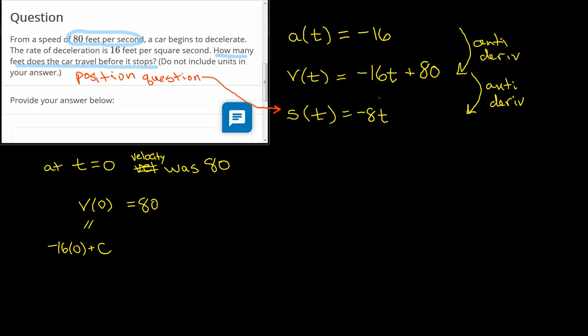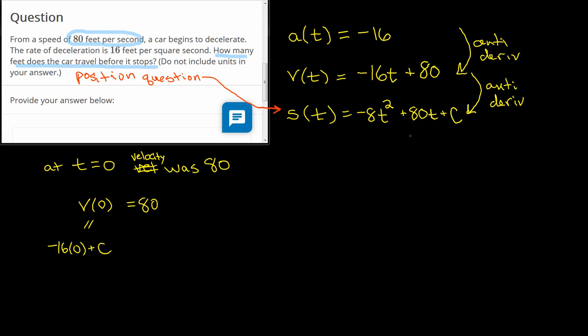I'm sorry about that. So the antiderivative of negative 16t plus 80 is negative 8t squared plus 80t plus, again, that annoying constant.